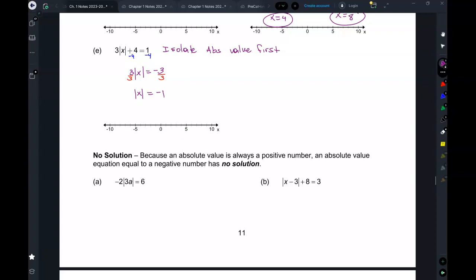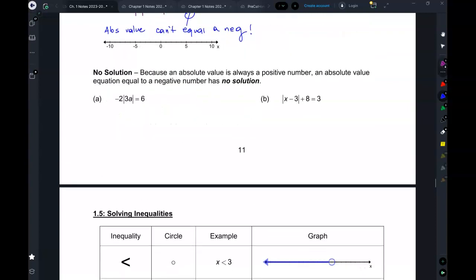No. So when you isolate your absolute value, whenever you have absolute value equal to a negative number, that can't happen. So immediately, it's no solution, okay? Because absolute value can't equal a negative.